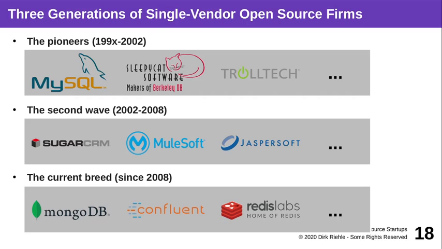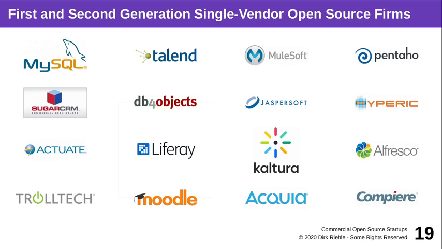The second one thought about it as a disruptive mechanism for incumbents in the enterprise software space, application space, and the current breed is using open source as an on-ramp to the cloud to pay for cloud service, as we will discuss in more detail in the next lecture.